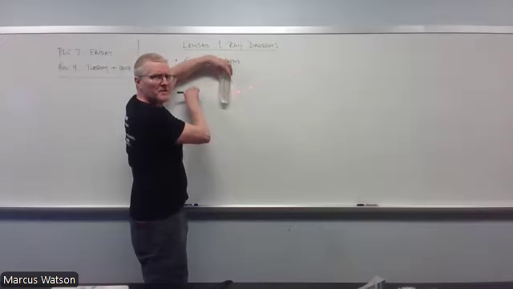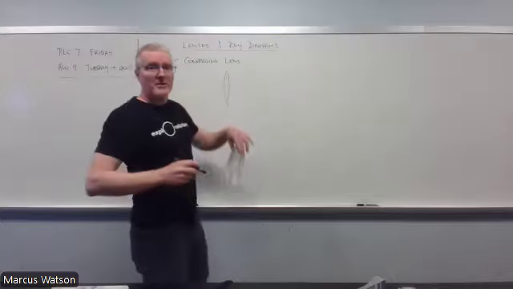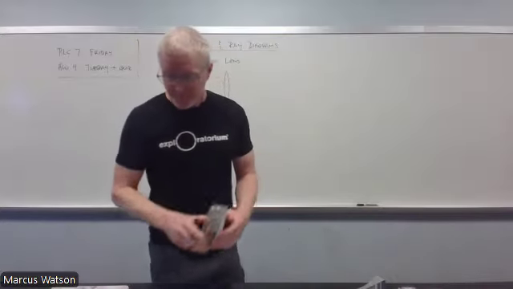If I push this up a little bit, now it's going straight through, and now I'm keeping the laser parallel, and so now it's going that way. If I push the laser up and down, you can see what happens to the outgoing beam, like so. And that's why this is a converging lens.